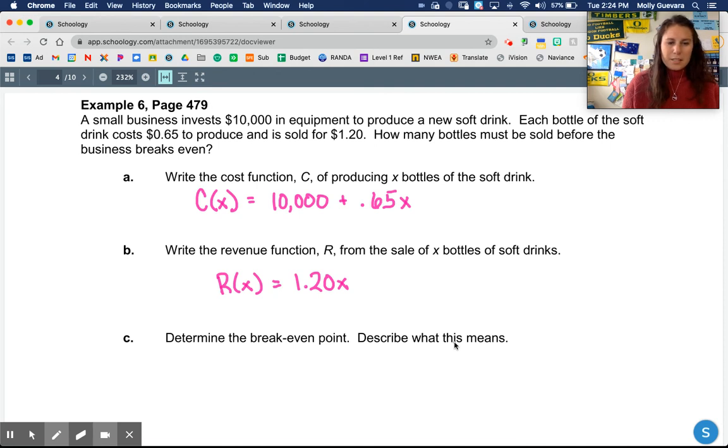And then the last part says determine the break-even point and describe what it means. So the break-even point is when my revenue is equal to my cost. So I'm just going to set these two equations equal to each other and solve, right? So revenue is 1.20x, cost is 10,000 plus 0.65x.